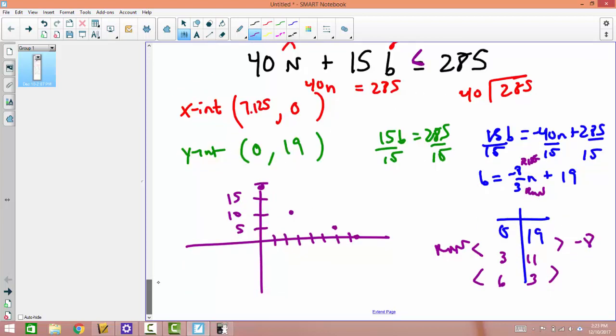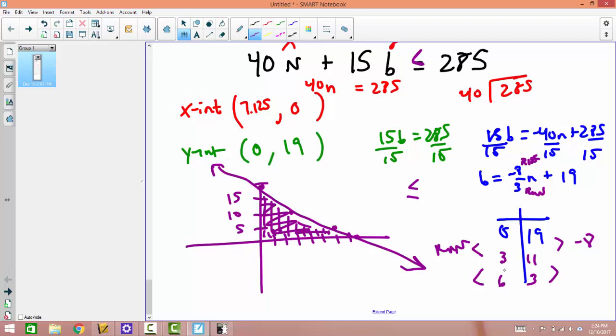So going back to solving all of this, the inequality would be less than or equal to. So you would have a solid line going through each of those dots, and then the less than or equal to you would shade. There's really no need to go past either axis because the negatives don't make a lot of sense if you think about the situation and the domain and the range. So any and every point in here are the points that make this work.